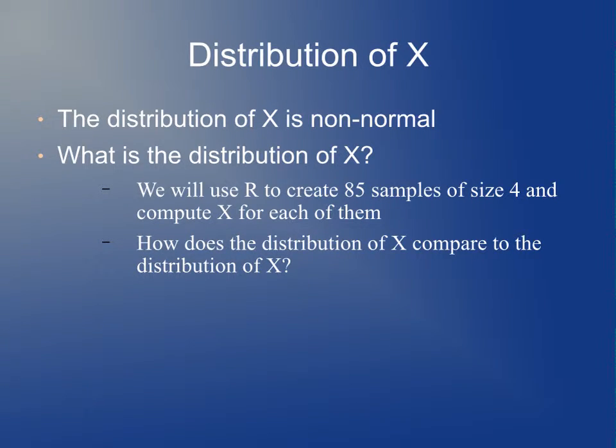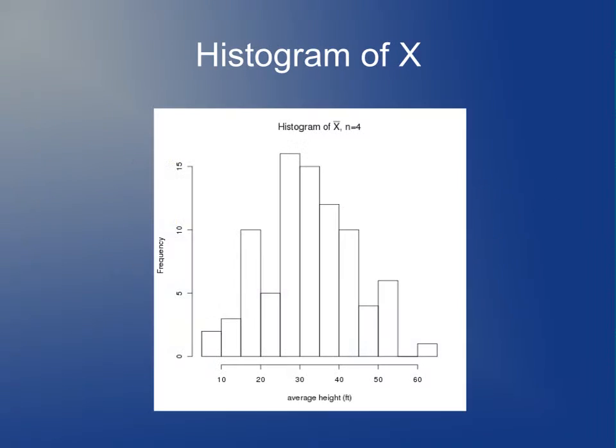If you draw a single individual from the population, it will have a distribution corresponding to the histogram I described earlier. But if we select 4 trees and then take the average of those 4 trees and then repeat it multiple times, we take one set of 4 trees, then take another set of 4 trees and repeat this over and over again. Let's try that repeatedly and look at the distribution of x bar in this case.